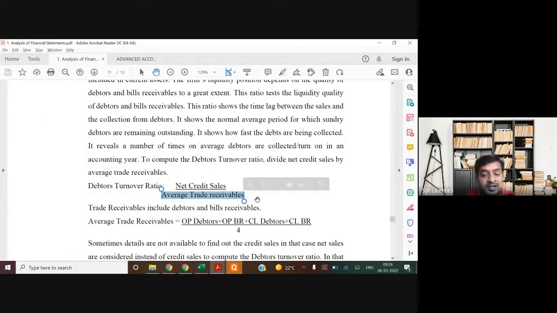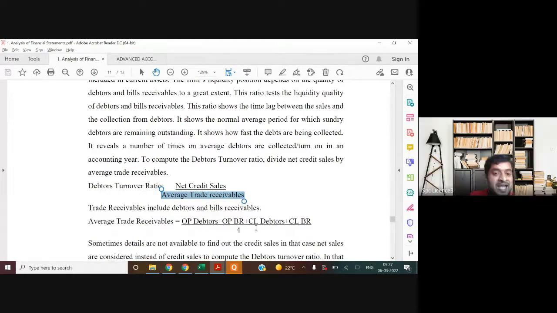And you know, trade receivables includes what? Debtors and bills receivable. So you have to calculate the average of debtors and bills receivable. How can you calculate? Consider the opening balance of debtors and bills receivable, then add in it the closing balance of debtors and bills receivable, and then divide it by 2. You will get what? Average trade receivables. Are you understanding?